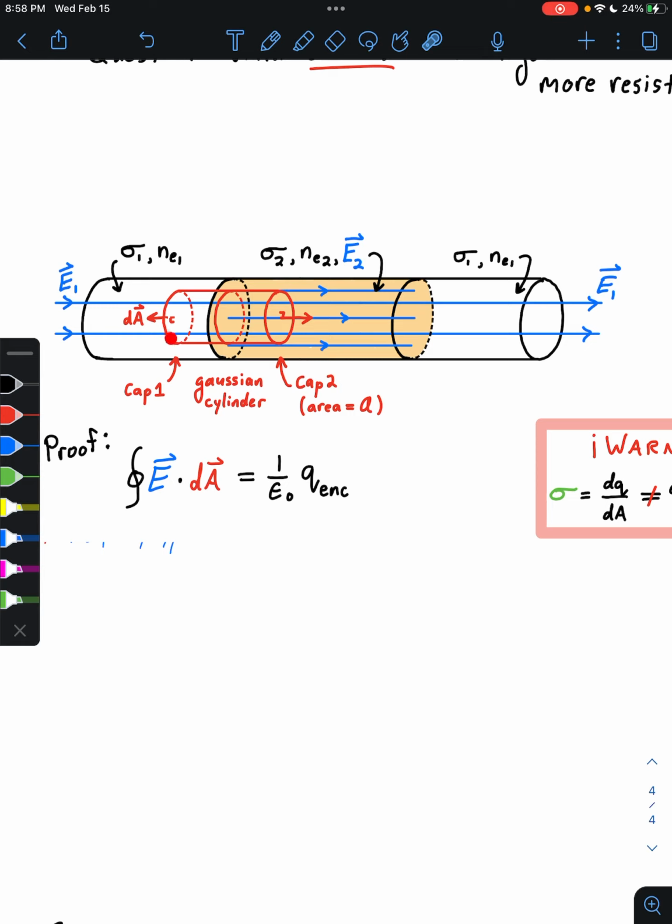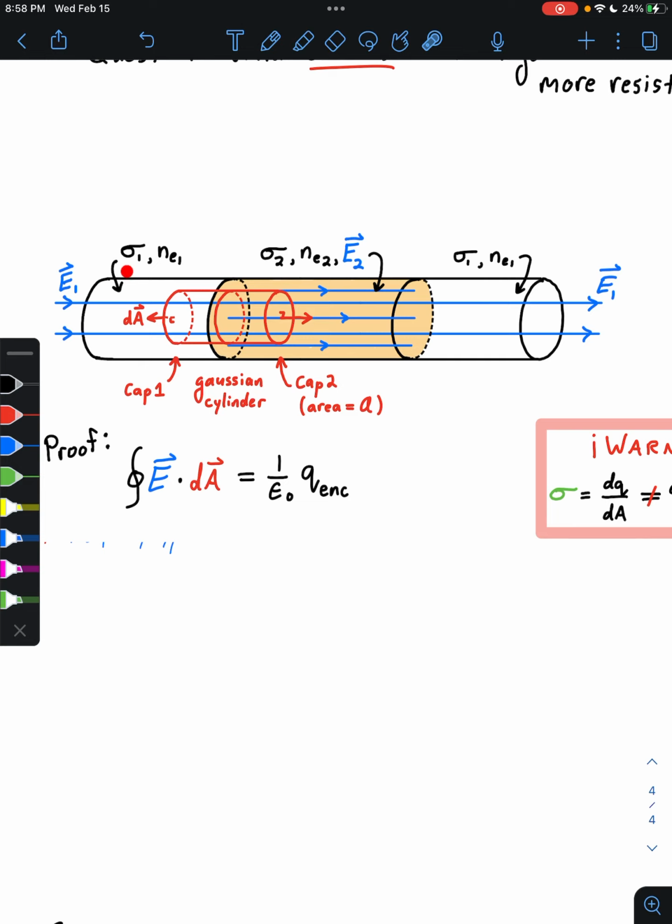The other cap, cap 1, over here on this side inside the good conducting material, and will be sort of enclosing a portion of this interface layer where the one material meets the other material.